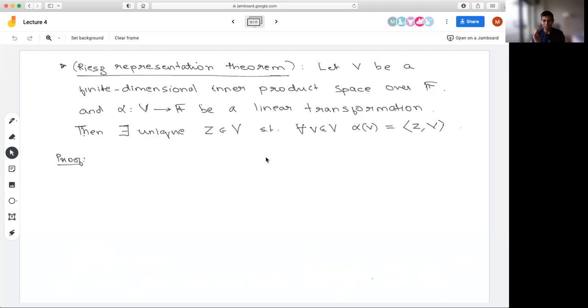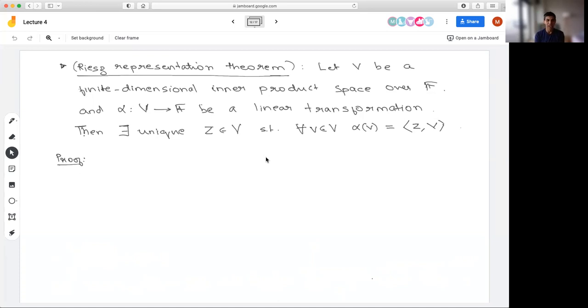For finite dimensional spaces, we can show that adjoints always exist. They are nice, etc. Before doing that, we will compute something for a much simpler linear transformation, which is just a transformation mapping vectors to field elements.